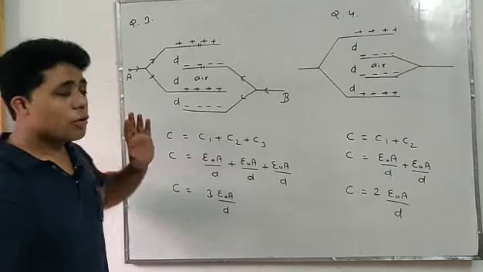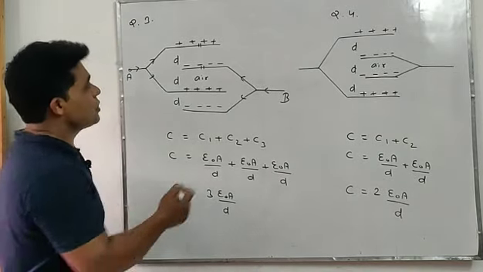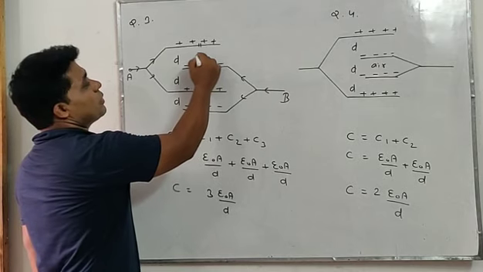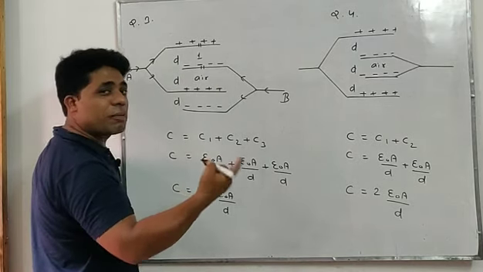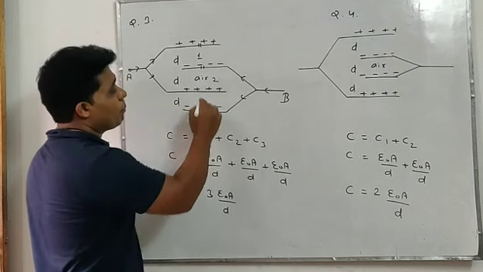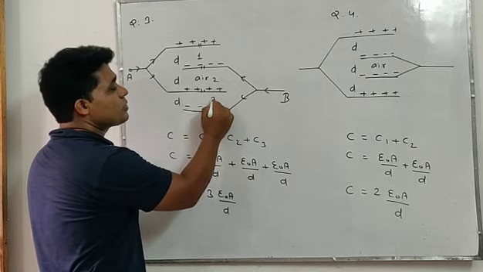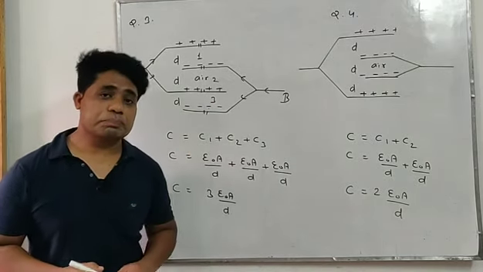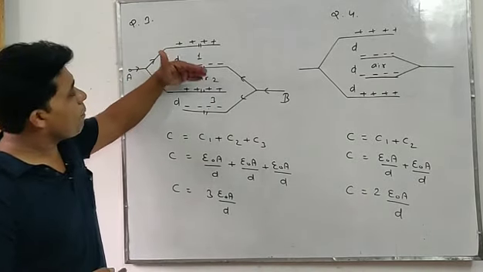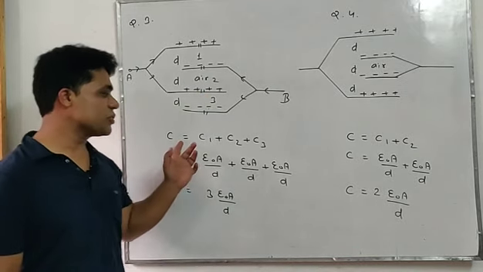First of all, we have to find how many capacitors are connected. Look at students, plus minus: this is the first parallel plate capacitor. Minus plus: this is the second. And plus minus: this is the third parallel plate capacitor. So three parallel plate capacitors are connected in parallel combination. What should be the equivalent capacitance?